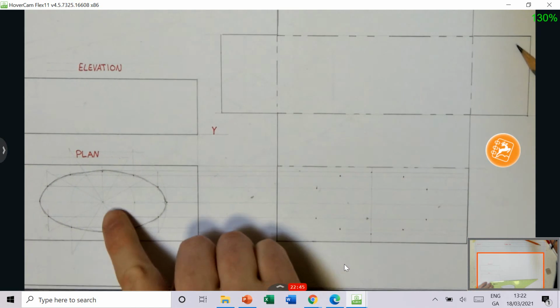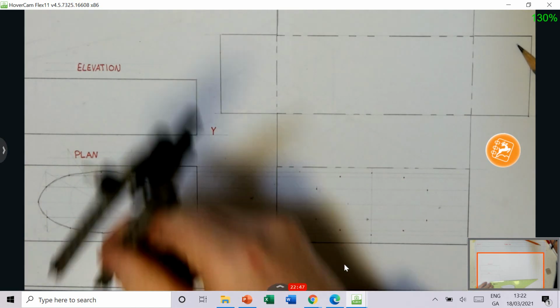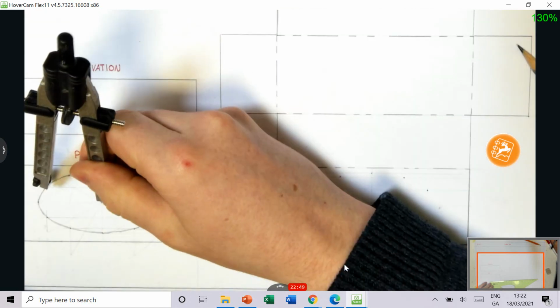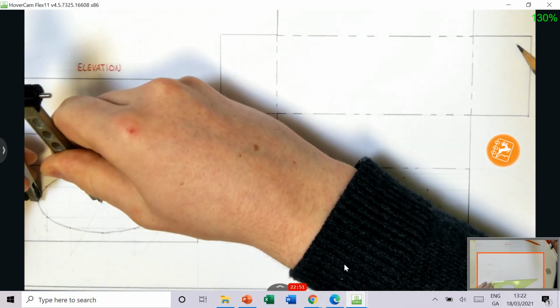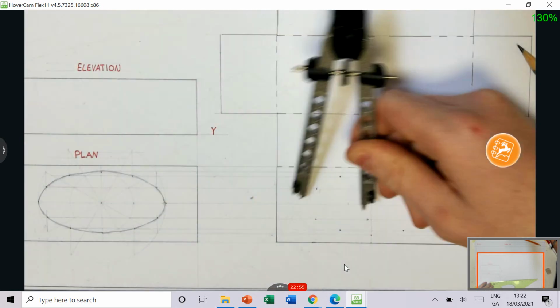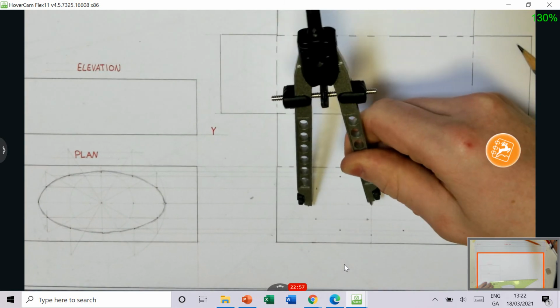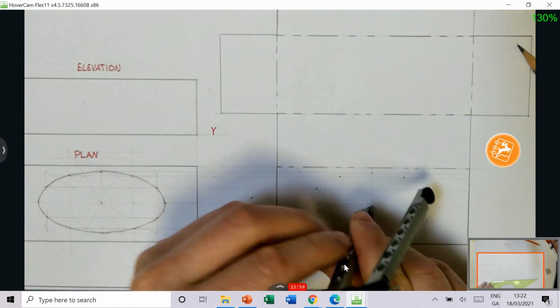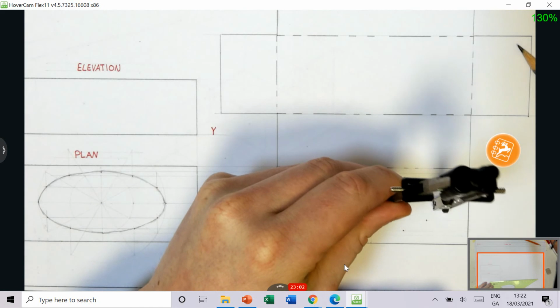And then finally, the widest 2 points, so from the center, open it to the widest point like that, bring it across to the center, 1 and 2.